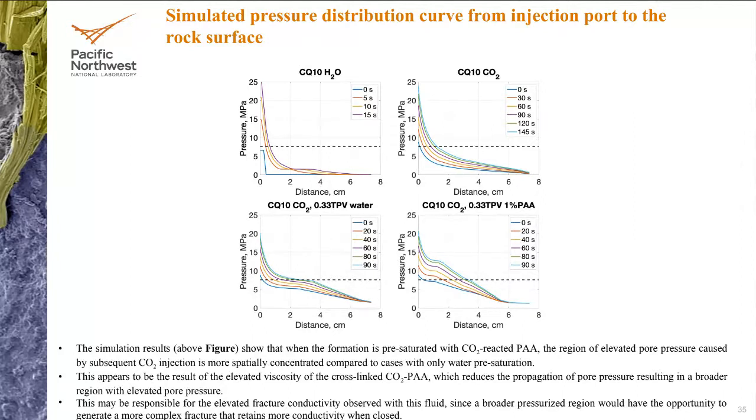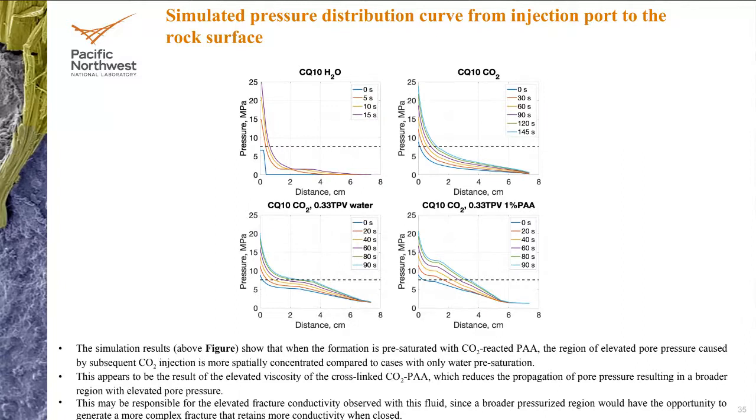So this is the minimum pressure required to fracture the rock. You can see for water, across nearly the entire sample, the pressures at any given time are significantly below the minimum pressure required to fracture the rock.